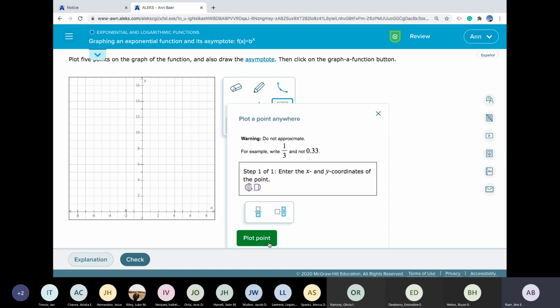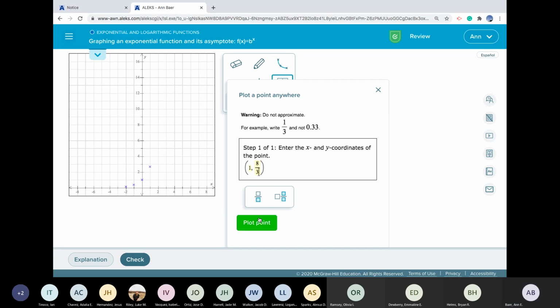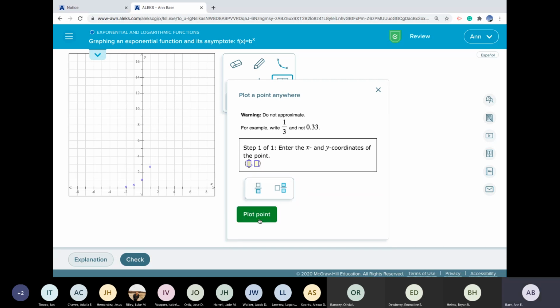Next one, -1, 3/8. Just double checking. Plot point. Next one, 0, 1. Plot point. Next one, 1, 8/3. Plot point.